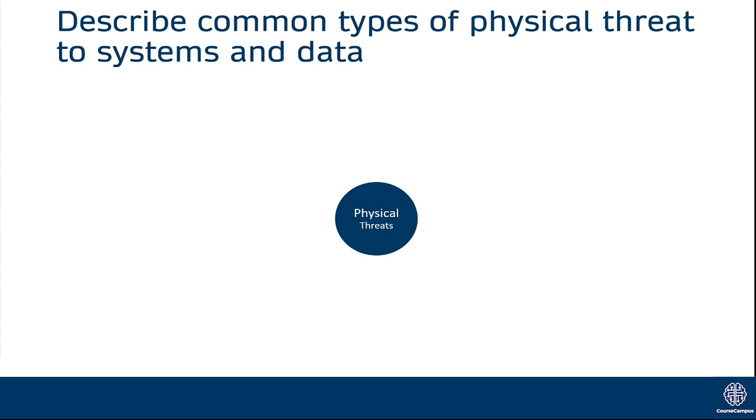There are a number of threats, a number of things which could happen to that equipment which could damage it, which could destroy the information on it. And this question is looking for you to describe some of the common types of physical threats to systems and data which could happen in your workplace. It's not to say that they have happened, but just what are the common threats which could happen to systems and data within your organisation.